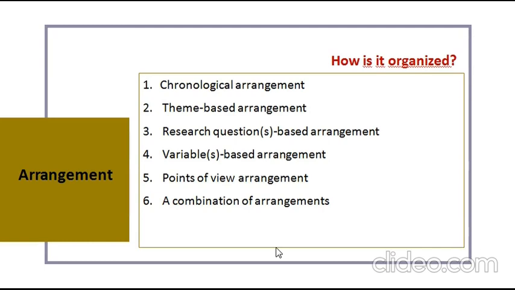For example, if the study is about the effect of language transfer on learning English prepositions, the researcher will firstly discuss sufficiently the first variable, which is language transfer, all the theory which is related to language transfer and maybe the studies, and then in one chapter, and then in the second chapter he will talk about the second variable, English prepositions.